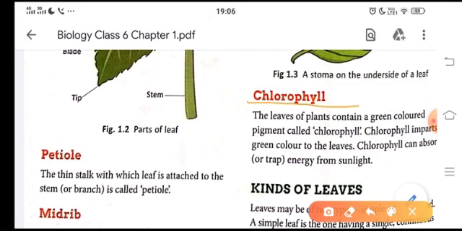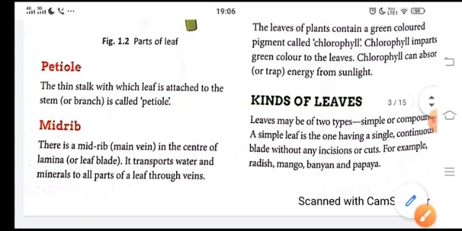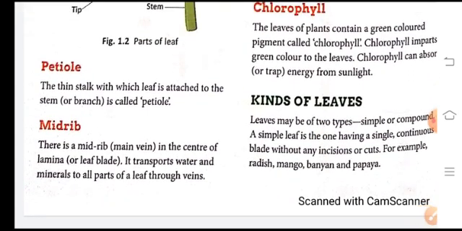Now this chlorophyll's function is to give green color to the leaf. Wherever green color is present in the plant, this is because of this chlorophyll. And it also helps in trapping the energy from the sunlight.